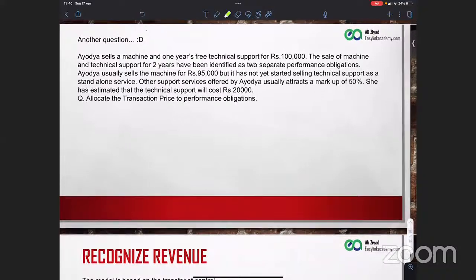Let's move into this example. Ayodhya sells a machine and free technical support for 100,000 rupees. Make this, guys, 2 years. 2 years free technical support for 100,000 rupees.